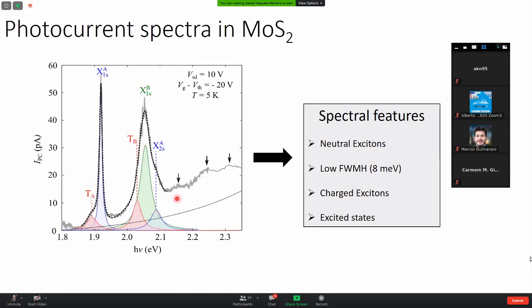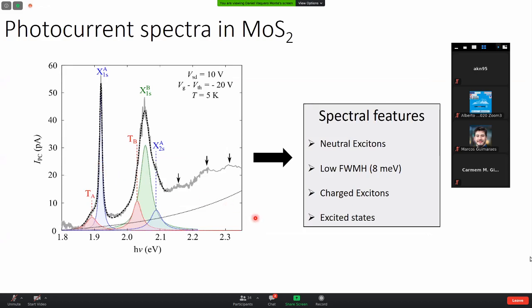And we observe also some excited states of the excitons, and we are able to resolve all these peaks because we have very narrow peaks, in the order of 80 millielectron volts, that allow us to see a lot of spectral features.